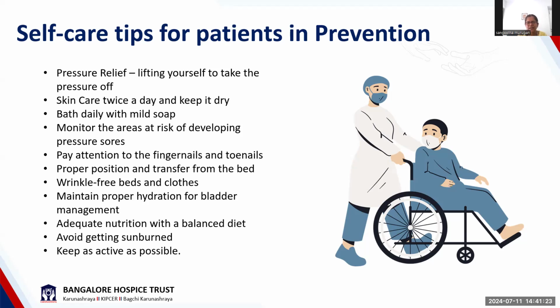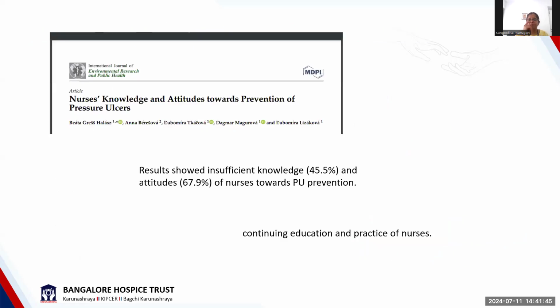Position the patient, right? Your position is very important. Give different positions. And like I said before, a wrinkle-free bed, proper water and an adequate amount of food the patient has to take. Avoid the patient getting sunburn, and keep the patient as active as possible, which is very important.